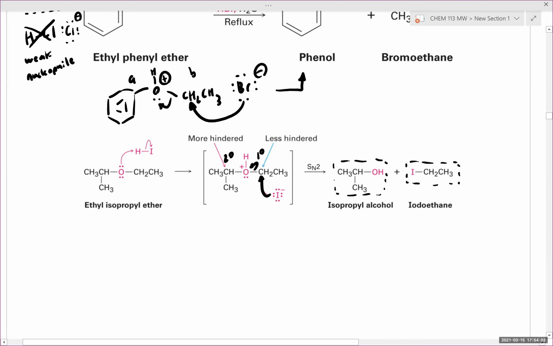Does this idea of regioselectivity make sense? It is still an SN2 reaction at the end of the day, and SN2 reactions are fastest on primary substrates and are slower on secondary and tertiary substrates. So under SN2 conditions, your halide will prefer to attack the least substituted or least hindered position.